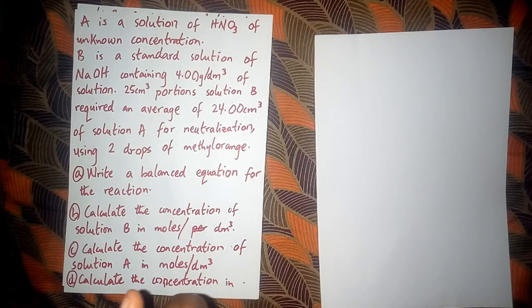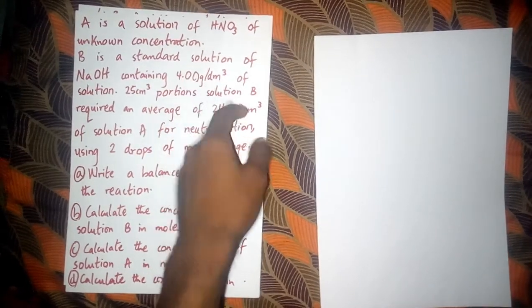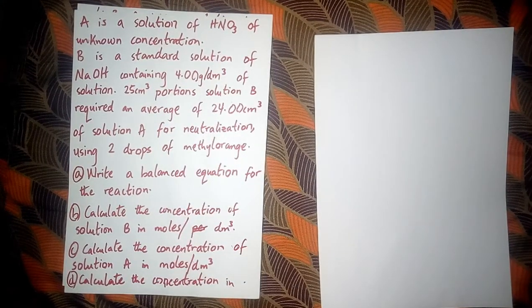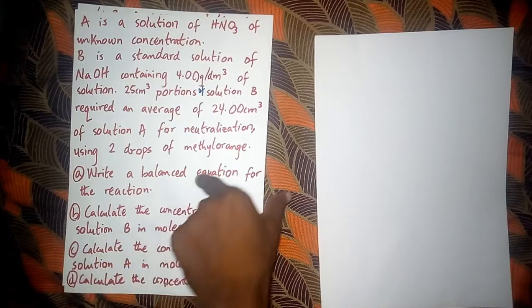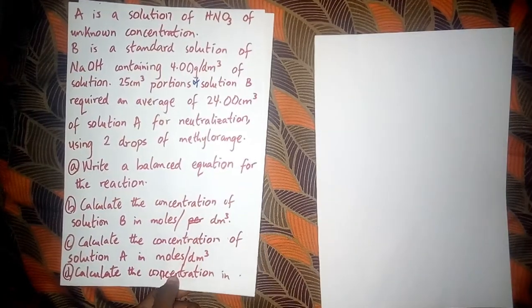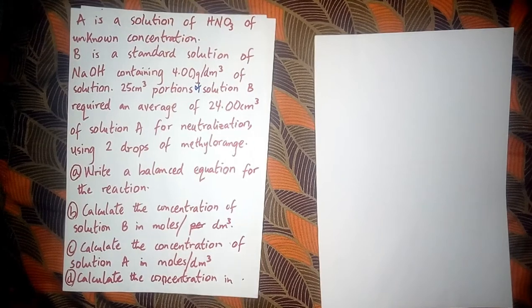A is a solution of trioxonitrate(V) acid of unknown concentration, and B is a standard solution of sodium hydroxide containing 4.00 gram per dm cube of solution. 25 cm cube portions of solution B required an average of 24.00 cm cube of solution A for neutralization.